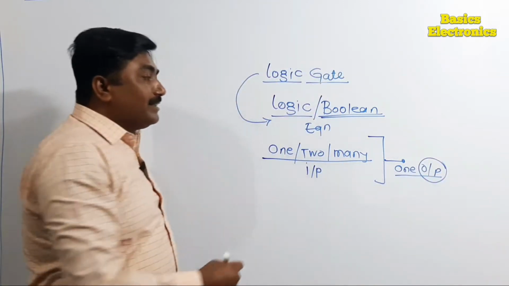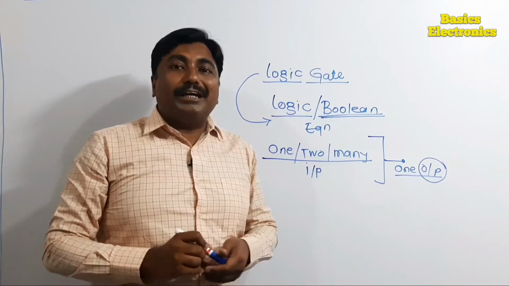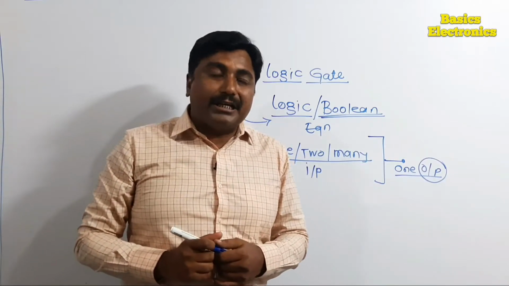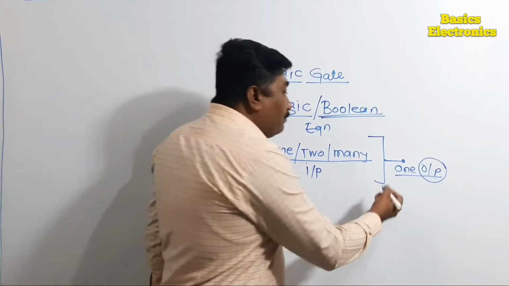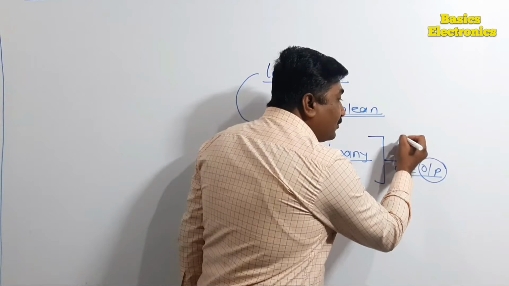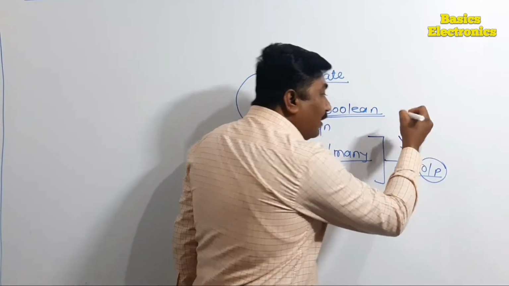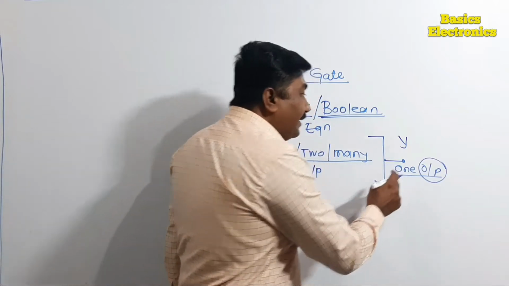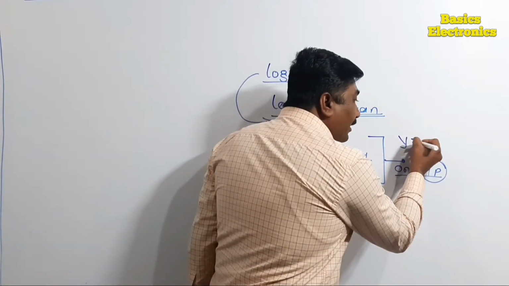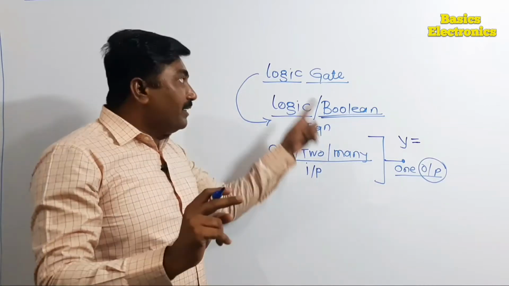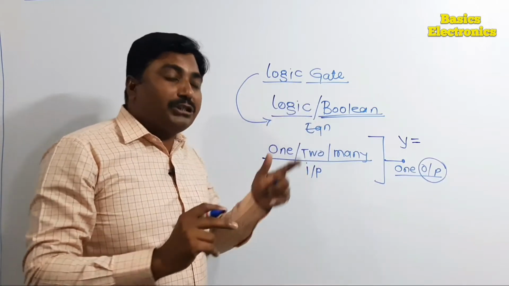This logic gate's output can be expressed in terms of an equation. The inputs are many, the output is only one, and generally this output is expressed by using Y, and Y has an equation that depends on the type of the logic gate.